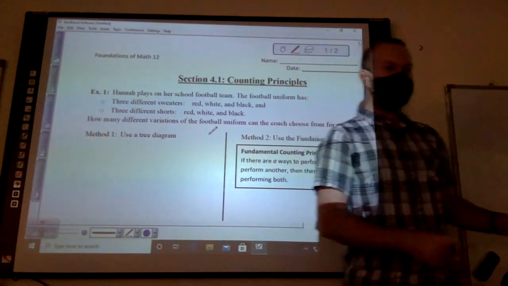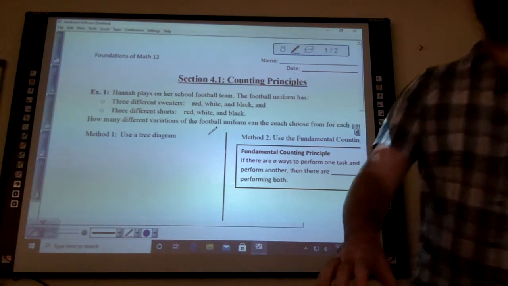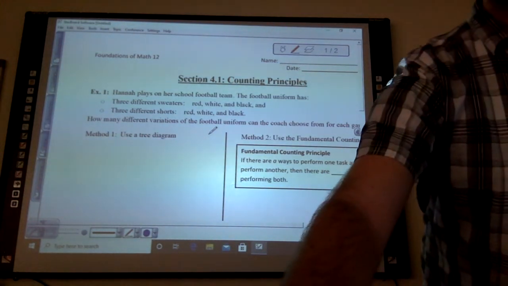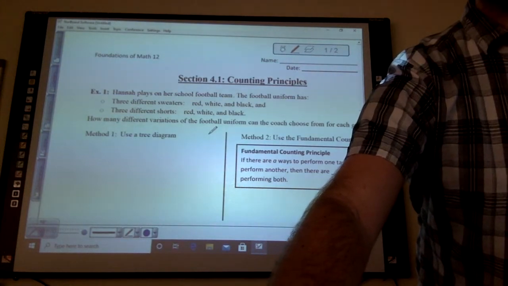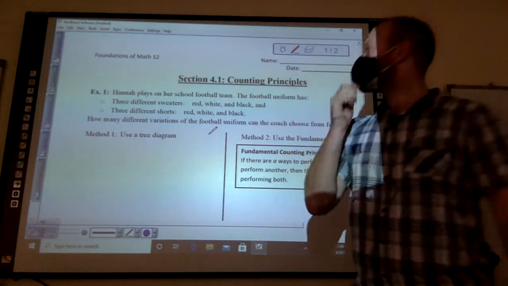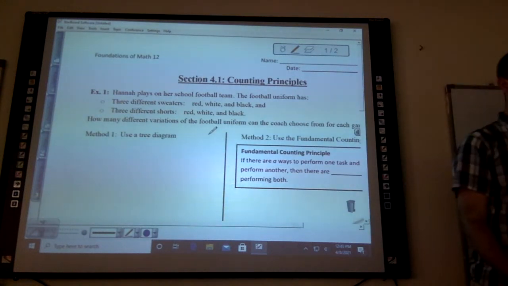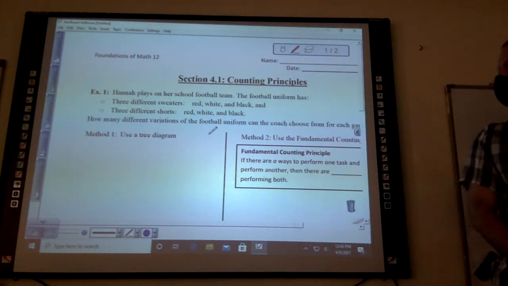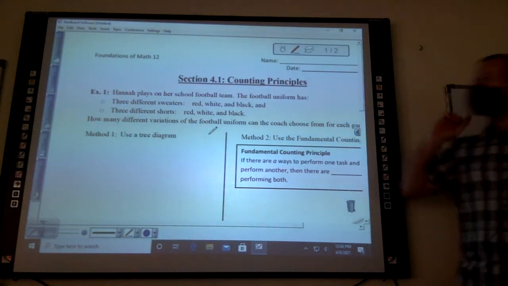All right, so we are jumping into the next unit already. This is going to be Unit 4. As I told you, this unit is going to build a little bit off of last unit. If you didn't understand Chapter 3, you'll find there will be a little bit of difficulties with this.